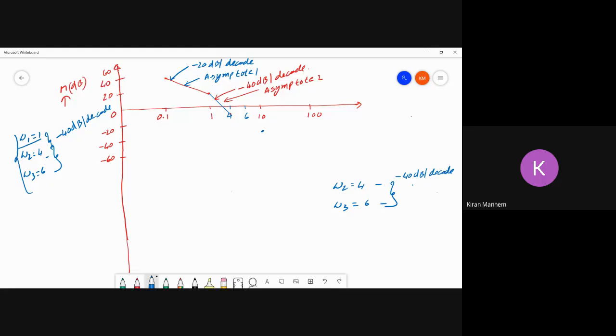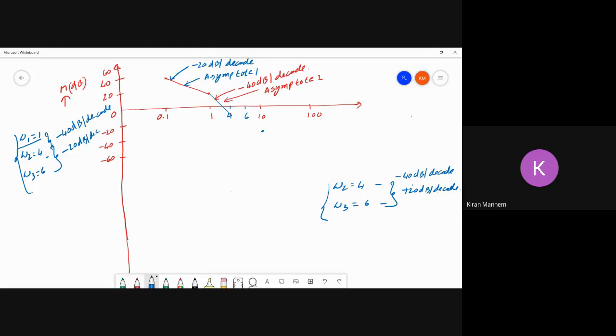It is minus 40 dB per decade plus 20 dB per decade. So what is the slope from 4 to 6? It should be minus 20 dB per decade. So from this to this, you should draw a line parallel to this.